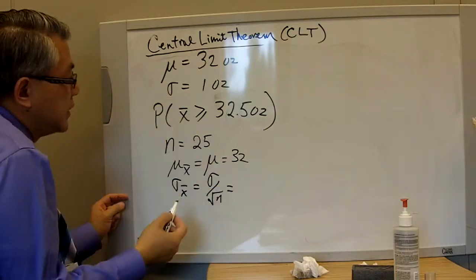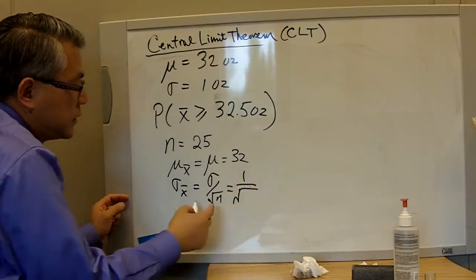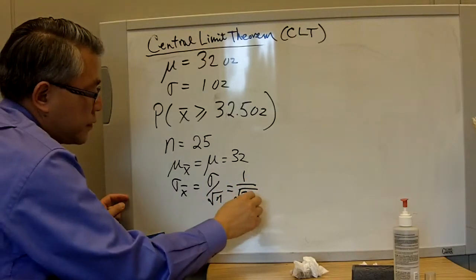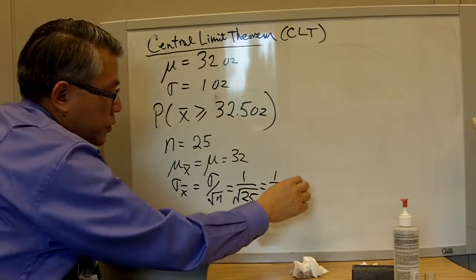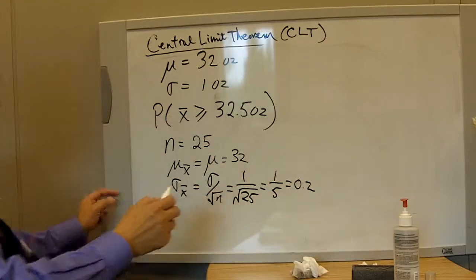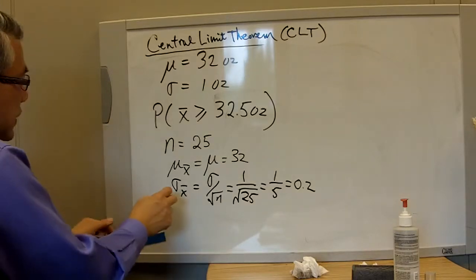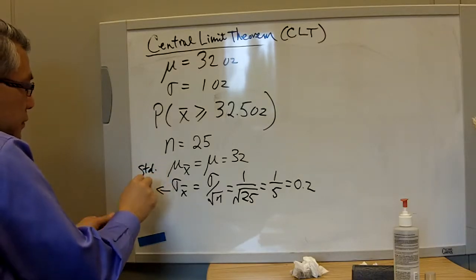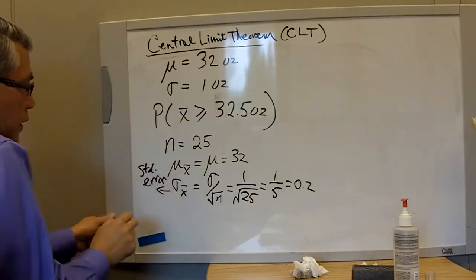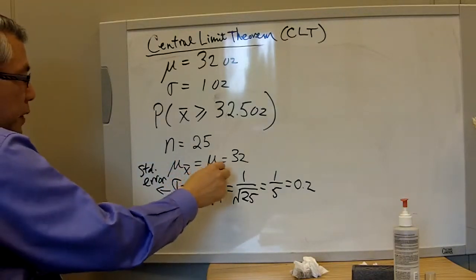So given that sigma is equal to 1 and the square root of 25, that would be 1 over 5, which is equal to 0.2. So in this case, we have a standard error, which is also the standard deviation of sample mean, versus the mean of the sample mean, which is the same as the mean of the population.